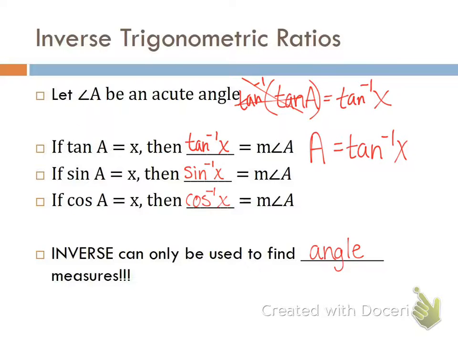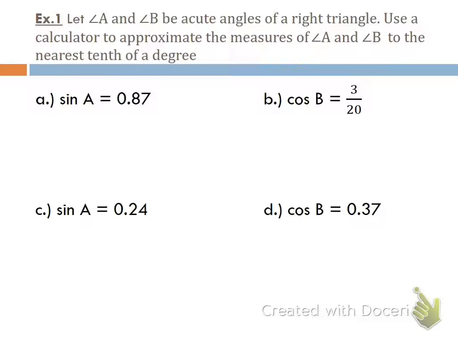Okay. On we go. Let angle A and angle B be acute angles of a right triangle. Use a calculator to approximate measures of angle A and angle B to the nearest tenth of a degree. So all of the work, so to speak, will be done in your calculator. But I will expect for you to show me what it is you're typing into your calculator to get your answer.